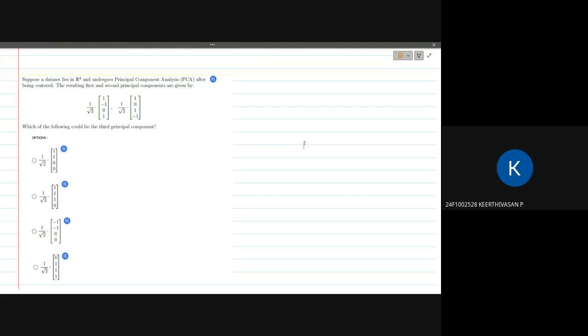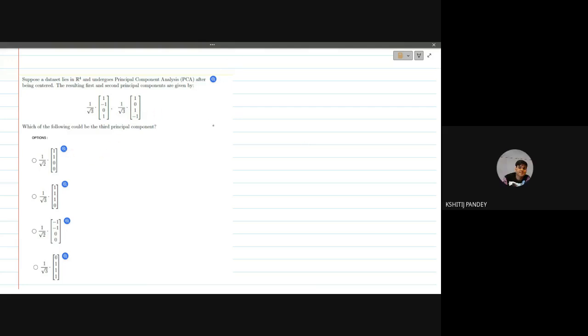Yes, sir. Correct. Could you guys check and tell me which vector here is orthogonal to PC1, PC2? Take the dot product, put it equal to 0. Let's check the fourth option.